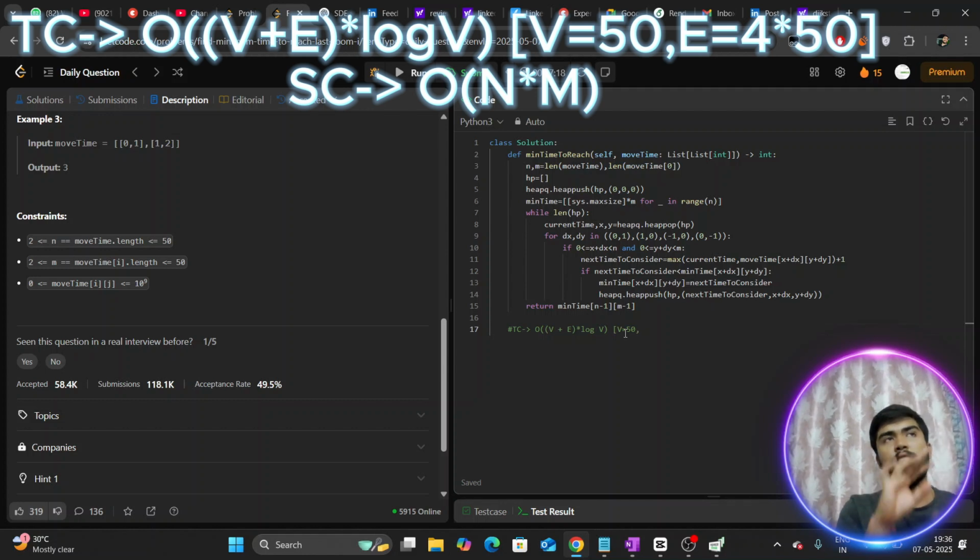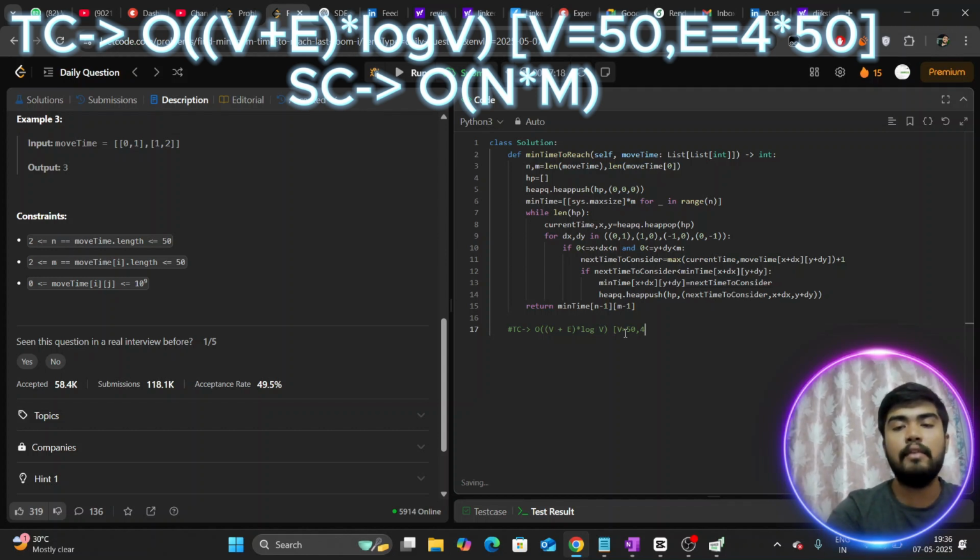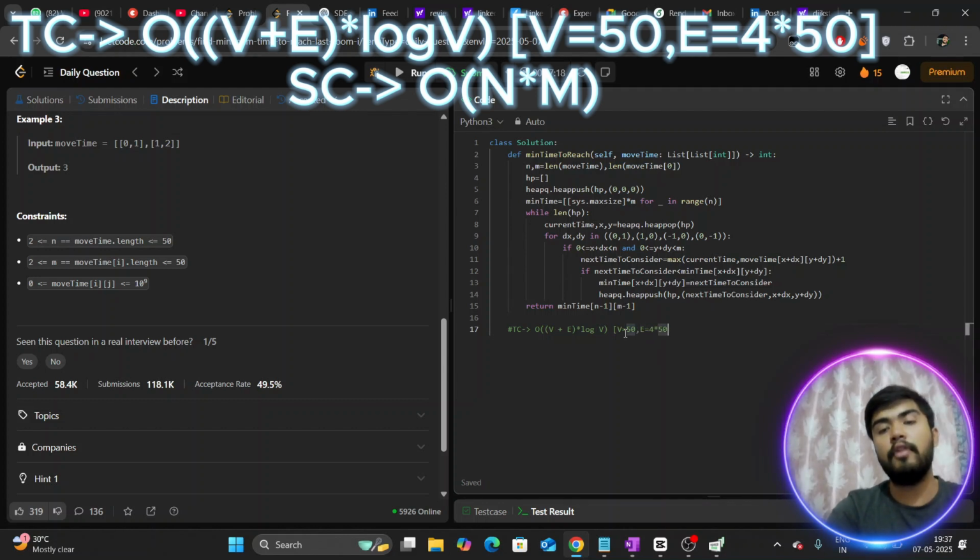Only two options for the boundary cells, and for middle cells you have four options. So I'm considering four directions only. So 4 into how many cells you have, that is 50 cross 50. So your E can be as big as 4 cross 50 cross 50, but it is much smaller than this. You can put V as 50 cross 50 and E as 4 cross 50 cross 50, and you can get your final time. But it is very optimized, so that is the most optimal solution you can achieve.